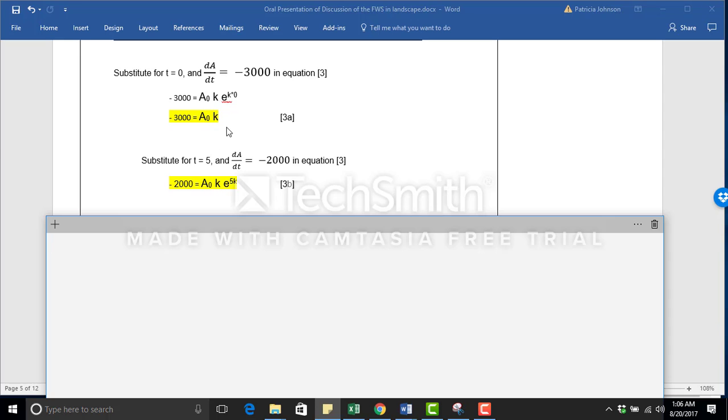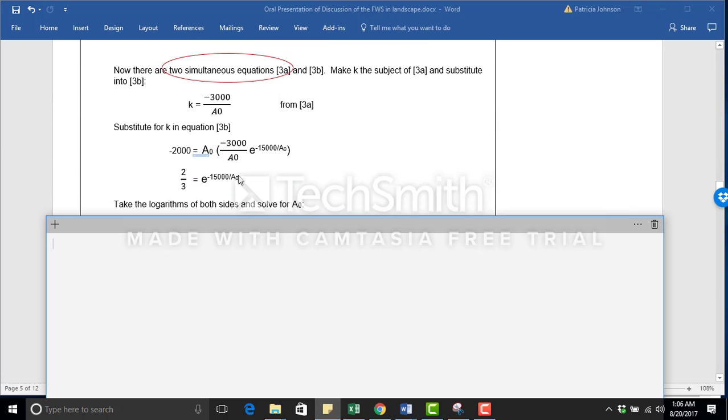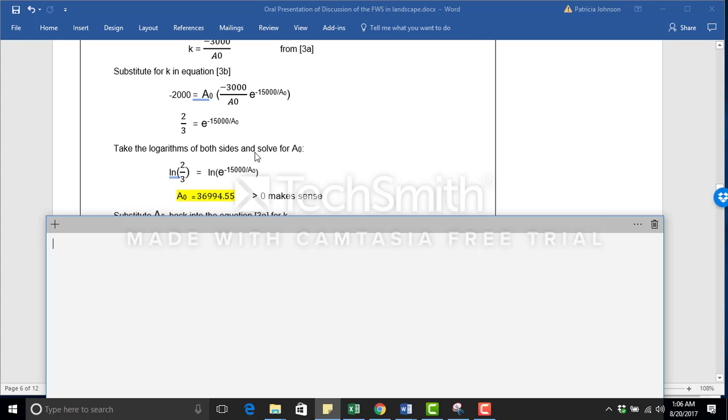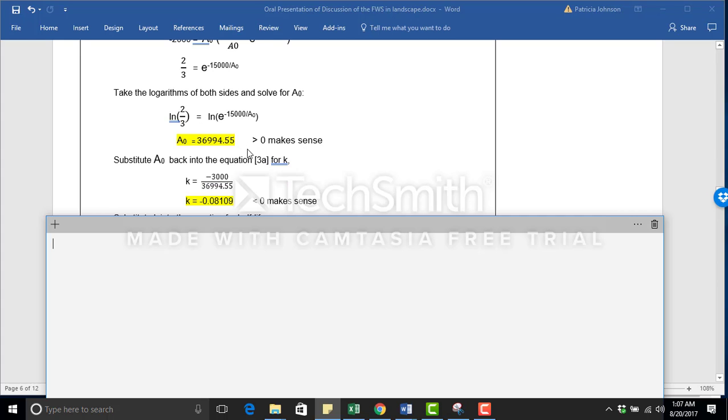We have simultaneous equations, and we can solve for k in terms of A, then substitute it back into this equation to solve for A numerically. So let's do that. Again, we're applying logarithmic rules to simplify the exponential term.